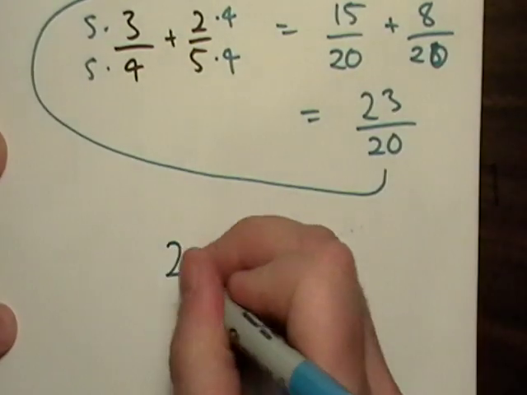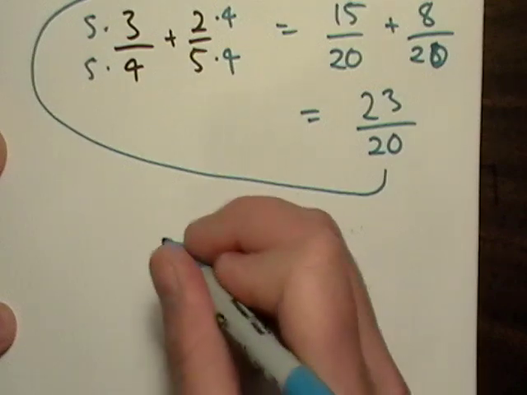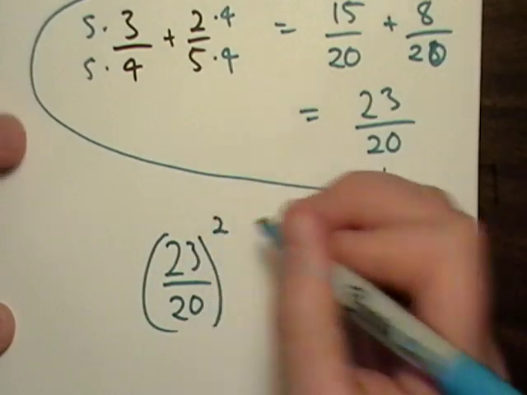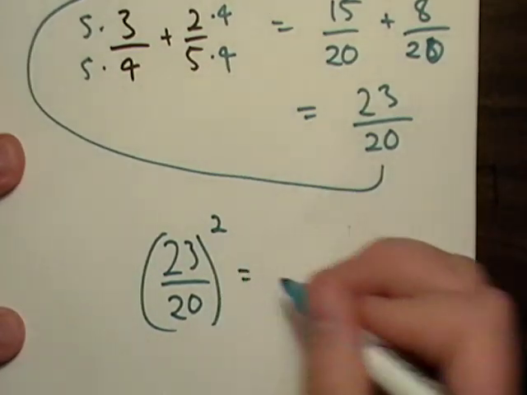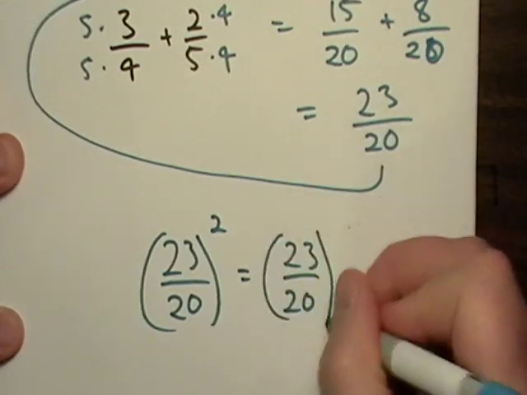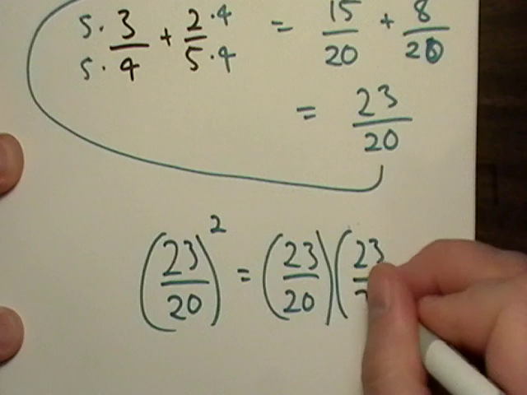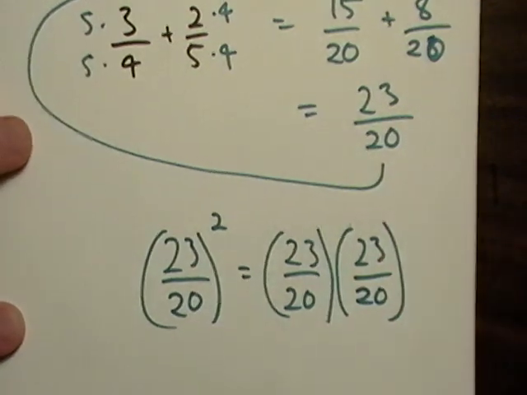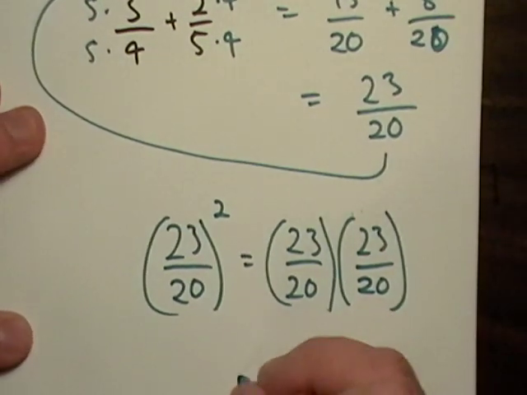Now let's take that and plug it right back into our problem. So we're going to have 23/20, and we're going to square that. So it's 23/20 times 23/20. You can use your calculator if you want.